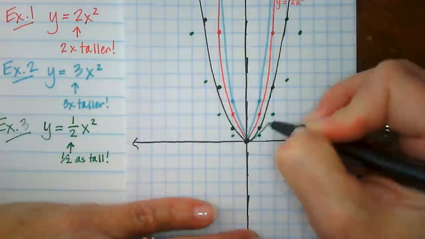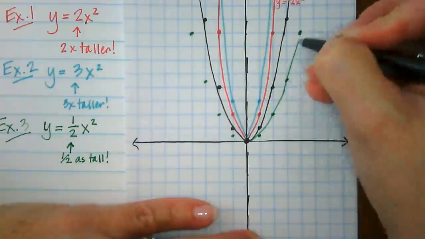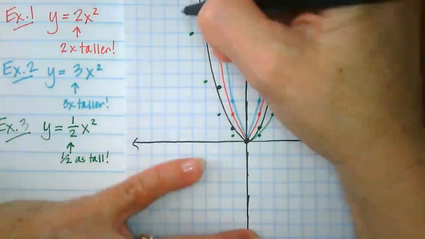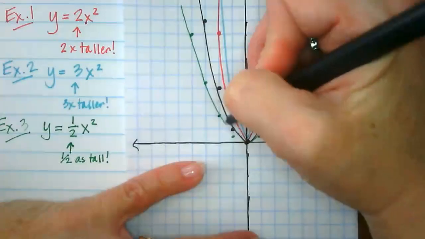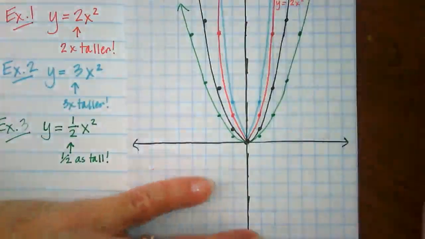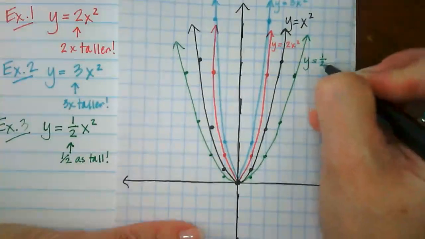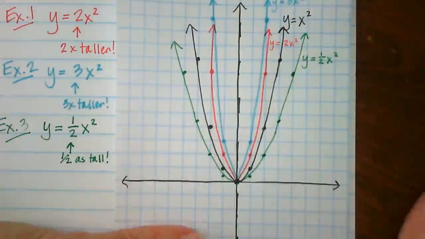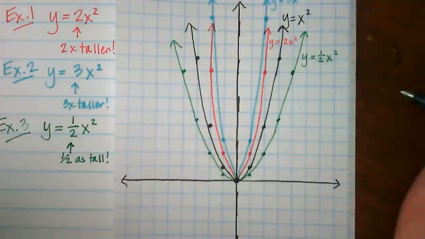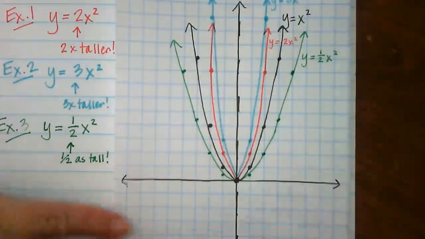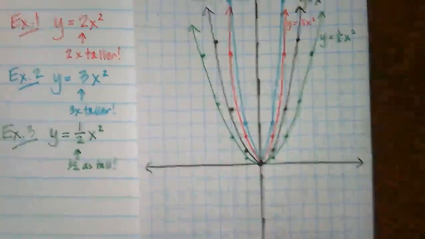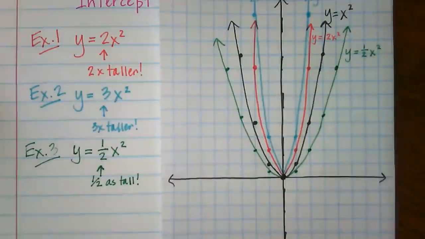So what's happening now, and again, I'm not very good at drawing my parabolas there, but this one is wider because it's half of the height. All right, so I think hopefully you're getting the idea of that.